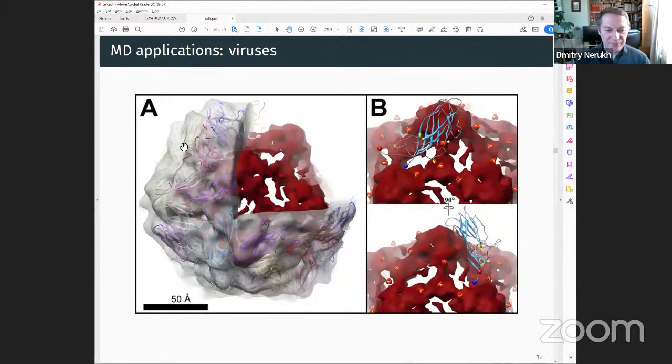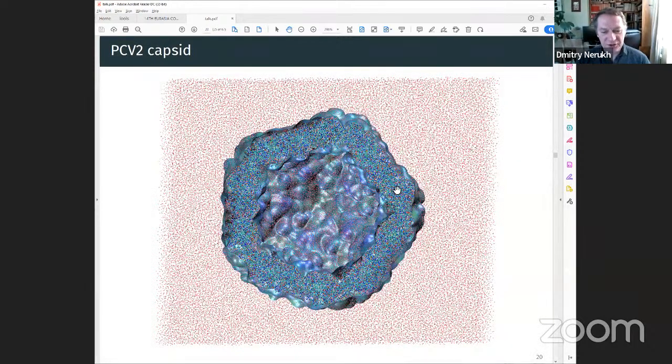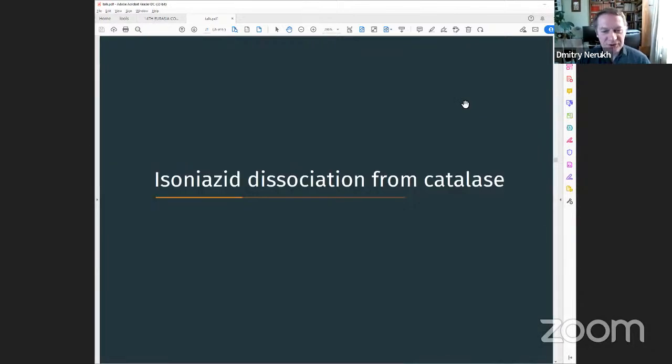He measured the atomistic structure of the capsid of the virus, that is the protein shell of the virus. And we use these measured structures to build the molecular dynamics computer model and to simulate it for long enough time. So this is the protein shell, the capsid, surrounded by the water solution, including ions. I'll talk about this a little bit more in a couple of slides.